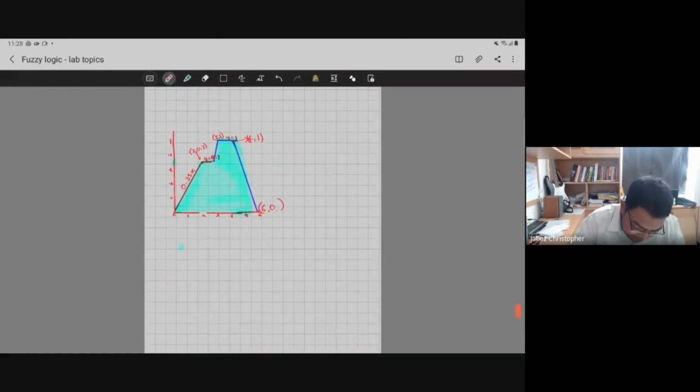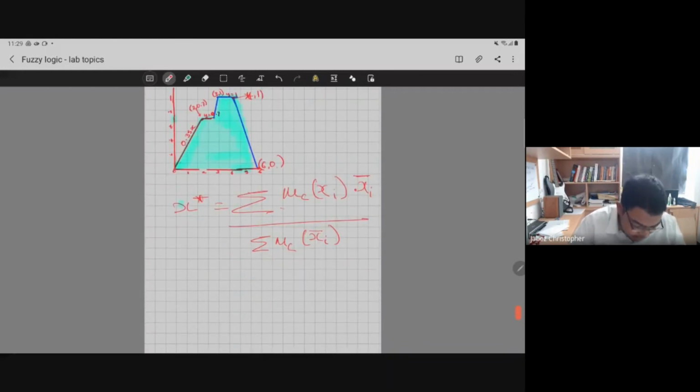So here, computing X star. The summation of the fuzzy sets: for the values of X, we get the membership value and the appropriate weight that we want to apply. So here the membership value for the first fuzzy set is going to be, the summation is for i equal to 1 to n, where n is the number of fuzzy sets. Here n is 2, right?